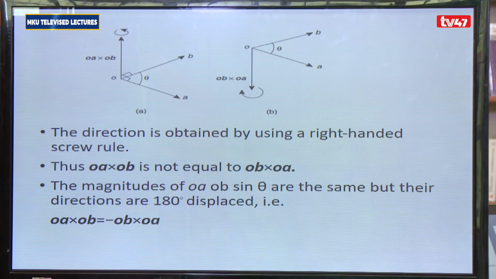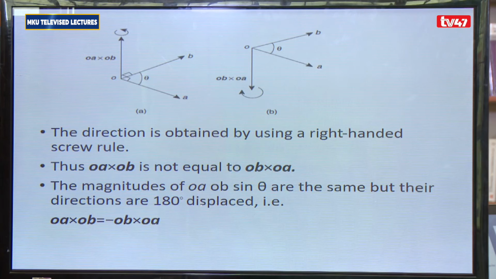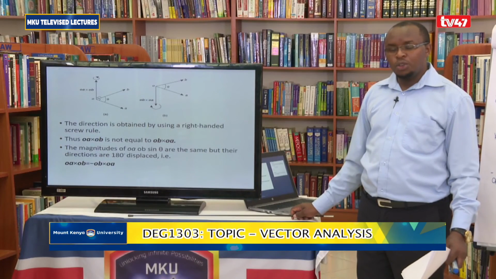Now, here, we usually say that if you have got two vectors, we have got vector A and we have got vector B, and then you are doing a cross product or a vector product.